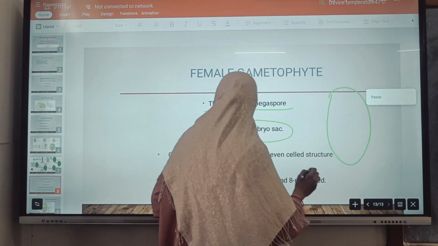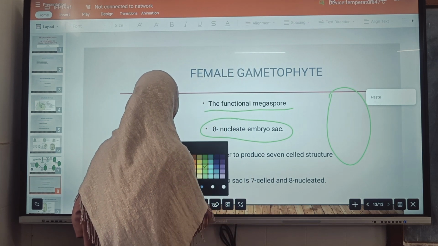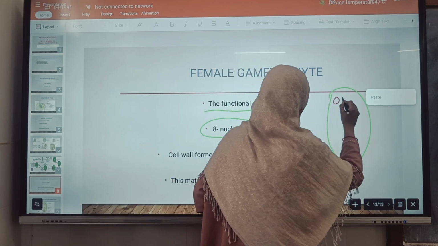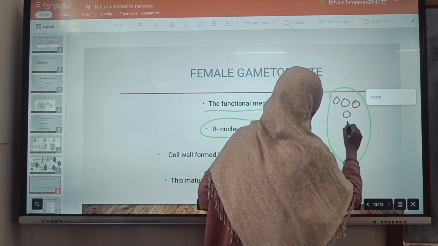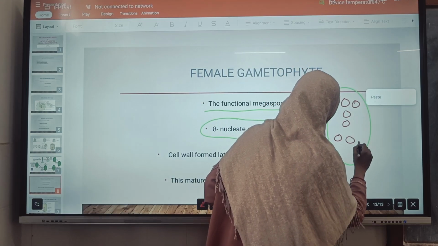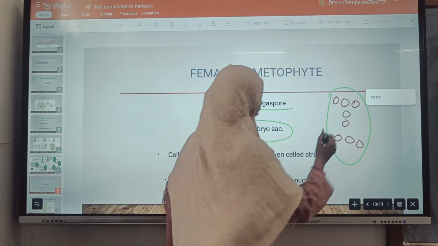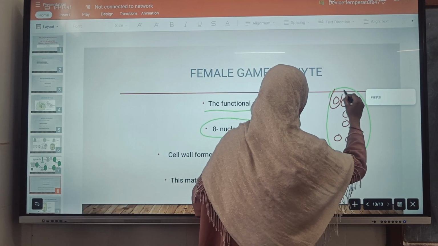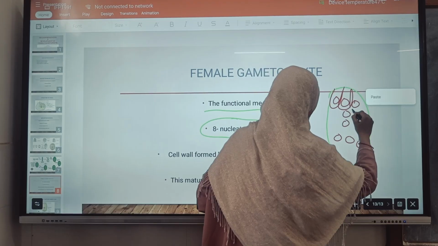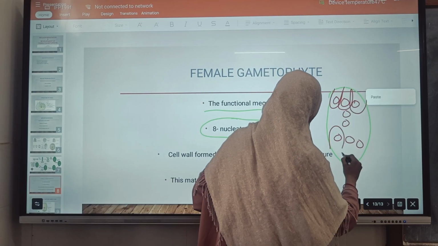With the help of 3 sequential nuclear divisions. After the 3 sequential nuclear divisions, it forms an 8-nucleate embryo sac, and later when the cell wall is formed, it forms a 7-celled stage.